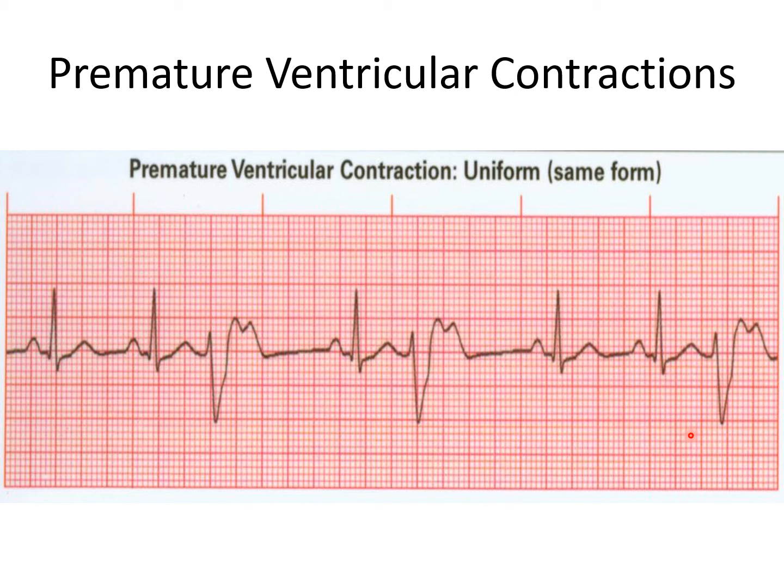Another thing we can note in this EKG tracing is that all of these PVCs look identical. They all look the same. They have the same form. And we can call them uniform, but what it means is that the myocardial cell that decided to initiate an impulse to cause a contraction originated in the ventricles.